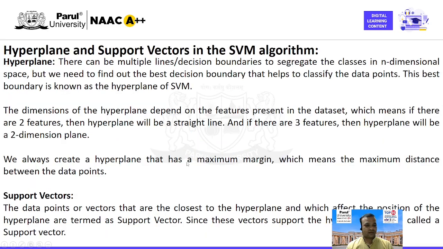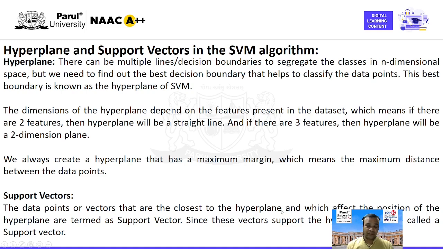Next is support vectors. The data points or vectors that are closest to the hyperplane and which affect the position of the hyperplane are termed support vectors. Since these vectors support the hyperplane, they are called support vectors.